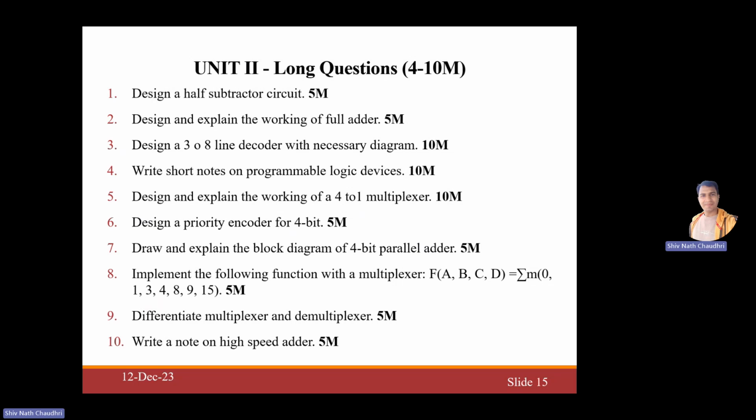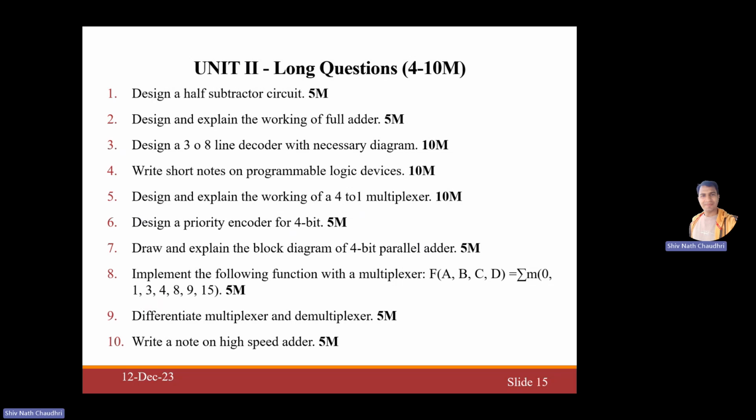The fifth question is design and explain the working of a 4 to 1 multiplexer. The sixth is design a priority encoder for 4-bit. So for 4 to 10 marks in unit 2, you have to be aware of the circuitry and working of each combinational circuit. The 10th question is write a note on high speed adder.